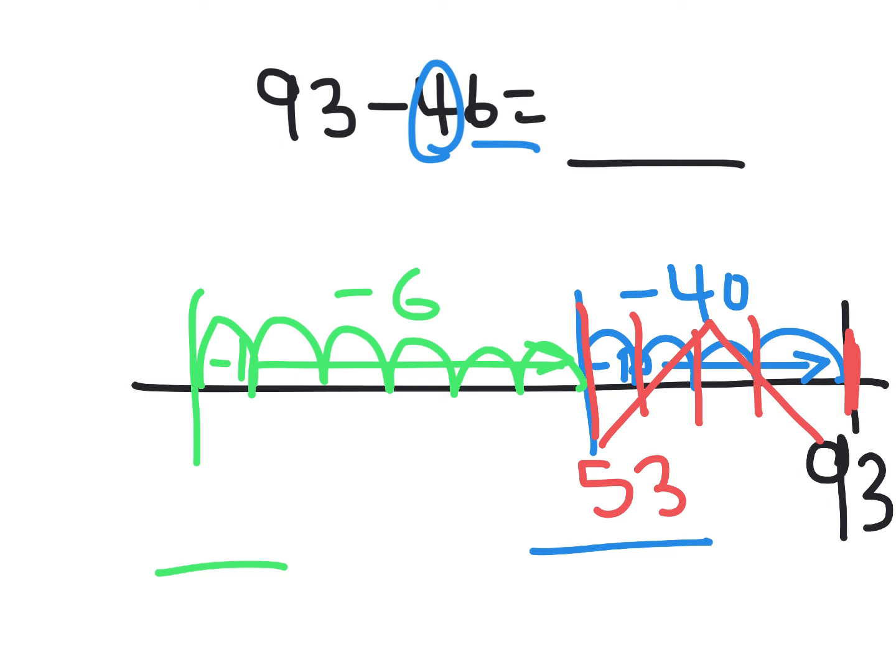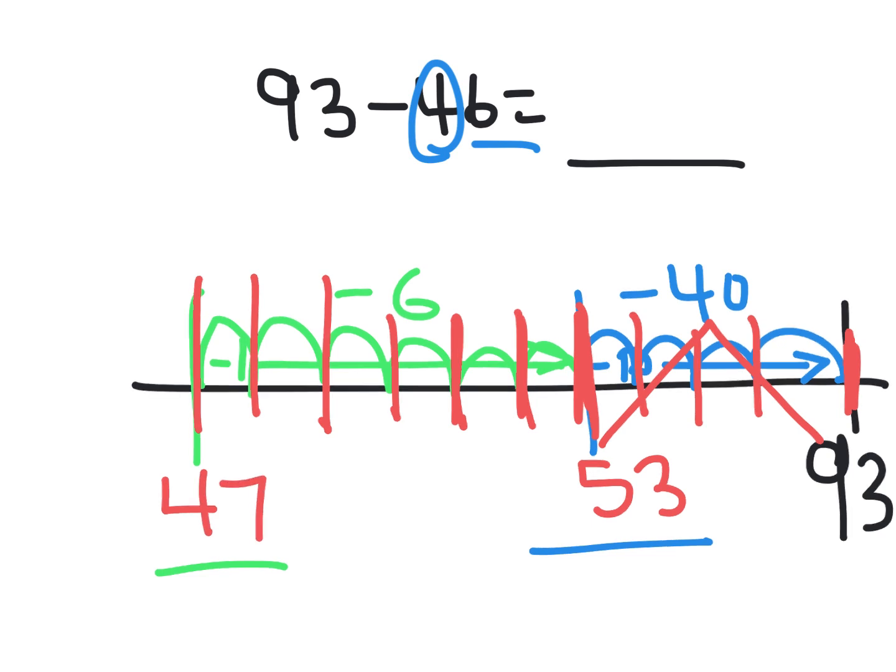So I'm at 53. Now I'll count backwards by ones. 53, 52, 51, 50, 49, 48, 47. So our final answer is 47.